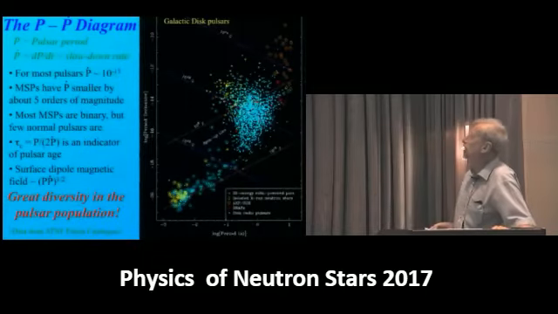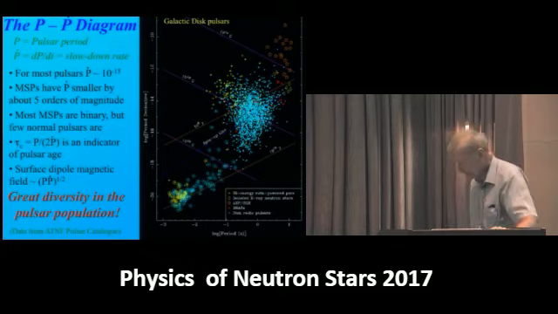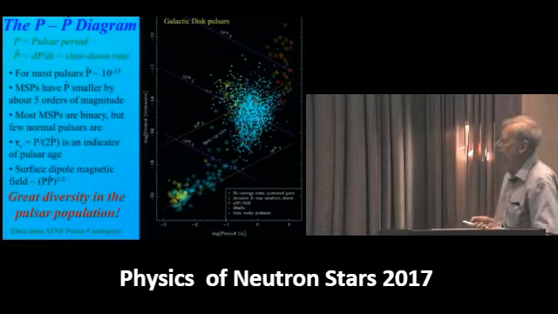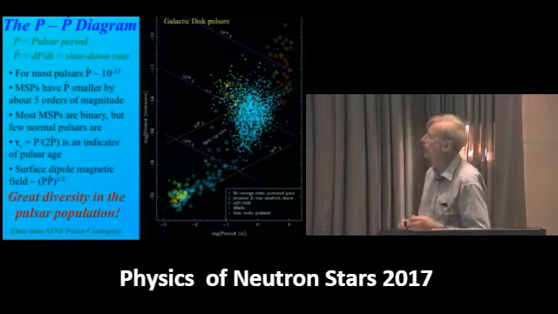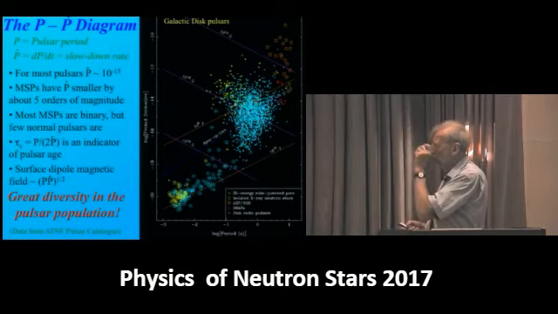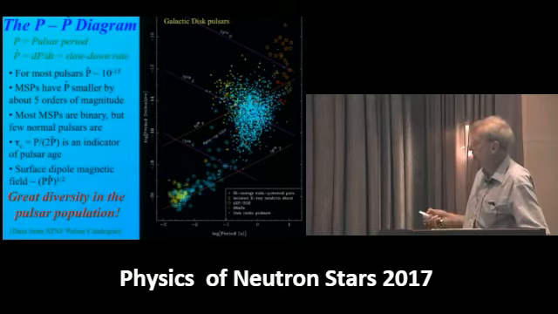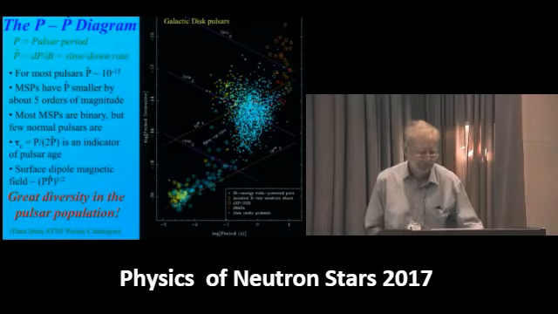So this is the P-Pdot diagram. The lights are a bit bright to see it very well, but I think everybody's seen this before. The point here is that there's enormous diversity in the pulsar population. The millisecond pulsars live down here. Here are the normal pulsars, and up here we have the magnetars.